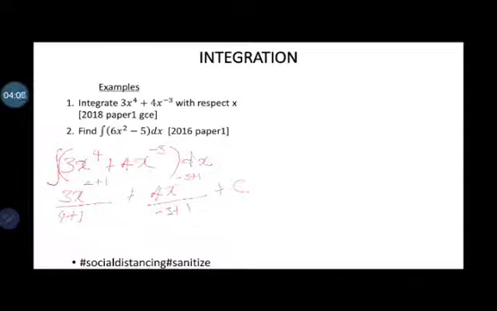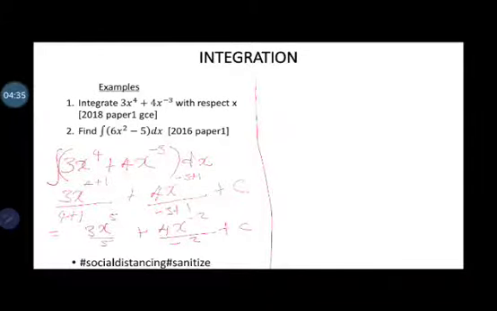So this will simplify to 3x, 4 plus 1 is just 5 over 5, plus we have 4x, minus 3 plus 1 will give us minus 2 over minus 2. We have plus c.